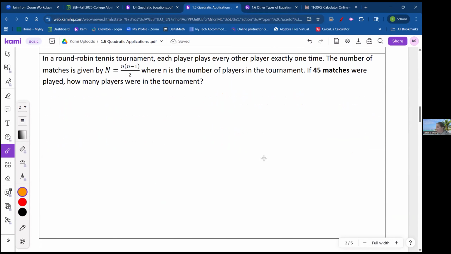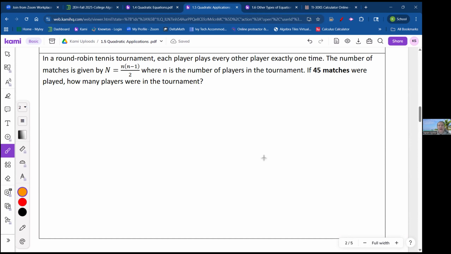Let's go down here and talk about our round robin tennis tournament. In a round robin tennis tournament, each player plays every other player exactly one time. If the number of matches is given by capital N equals lowercase n times n minus 1 over 2, where little n is the number of players in the tournament.